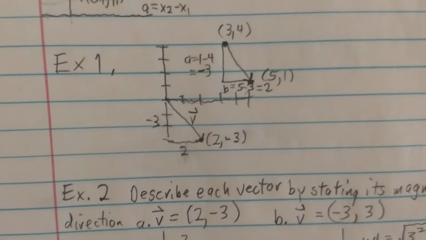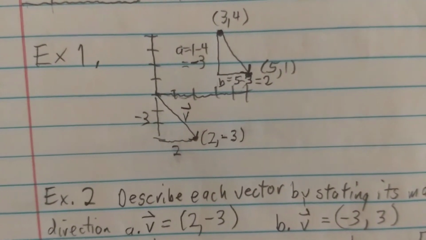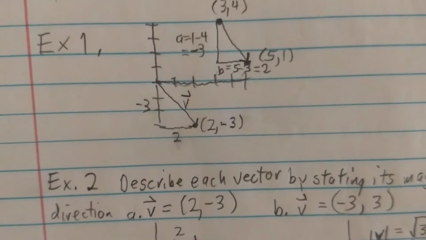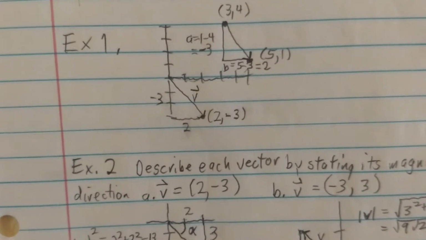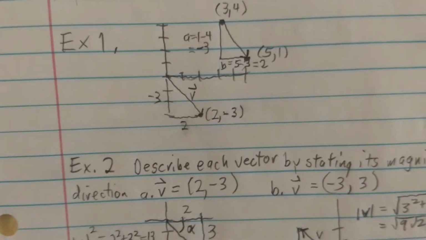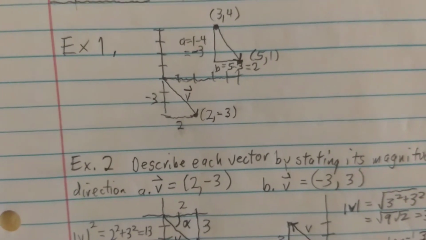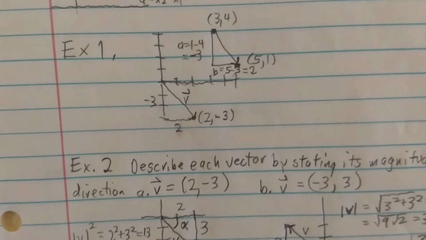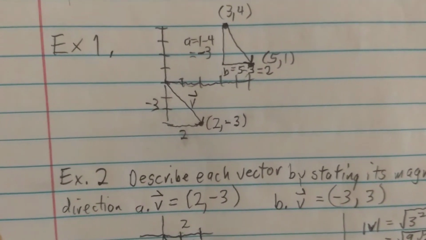Now for example 1, we want to find the vector that goes from 3, 4 to 5, 1. And notice that the arrow is pointed at the end at 5, 1. So the horizontal component is 5 minus 3, or 2 to the right. The vertical component is 1 minus 4, because 1 is where it ends up, minus 4 where it starts, so that's down 3.